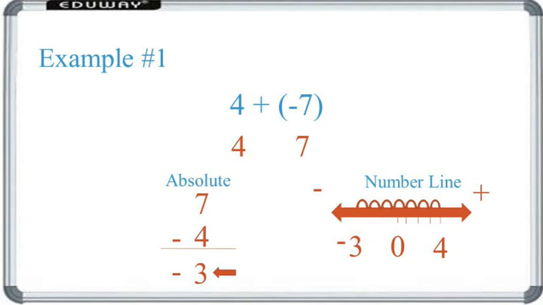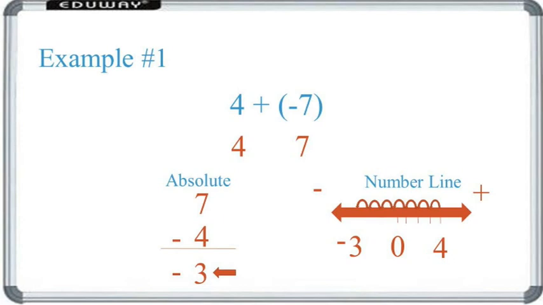These parentheses help separate your signs, your addition sign and your negative sign for the 7, so it looks a little more clear instead of seeing two signs touching. Sometimes that can look a little confusing even though it would not be incorrect to have two signs touching, but it just makes the problem look a little clearer. So you are going to see it like this a lot of times in your book or paper.